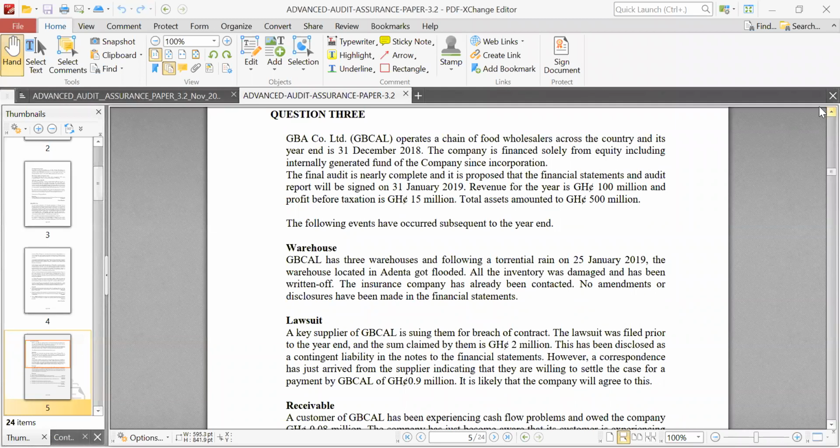A non-adjusting event. So the financial statement should not be adjusted. I hope that's clear. Yes, sir. Okay. In summary, that's it.